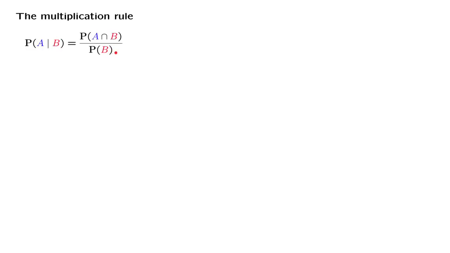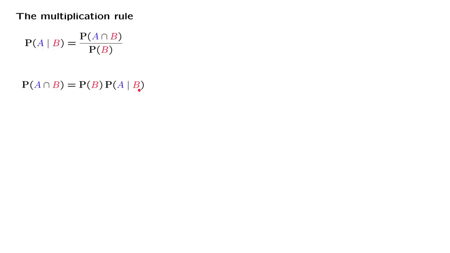We now take the denominator term and send it to the other side of this equality to obtain this relation, which we can interpret as follows. The probability that two events occur is equal to the probability that a first event occurs, event B in this case, times the conditional probability that the second event, event A, occurs, given that event B has occurred.